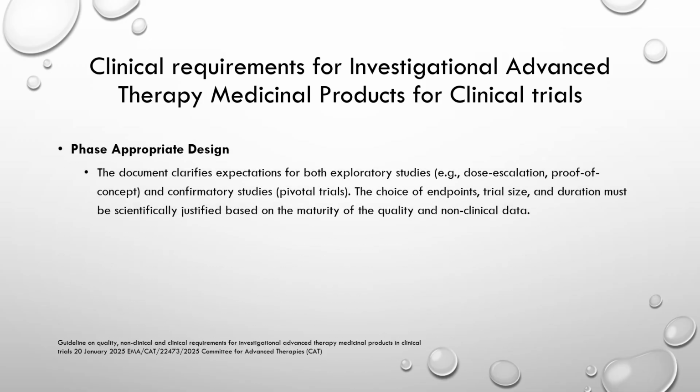Your design has to be appropriate to your clinical design, and your protocol has to be appropriate to the phase. Phase 1 and phase 2 studies are normally done together for these types of products.